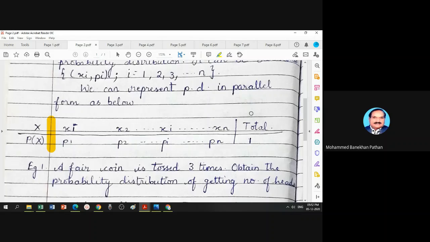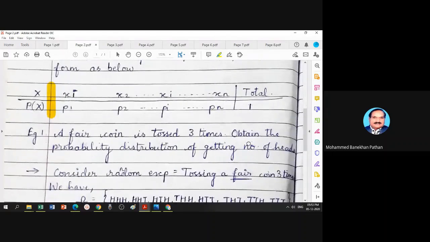So today I gave you totally 4 concepts under the heading of univariate probability distribution. All these 4 concepts I will explain with one numerical example, not today, in the next lecture. But what is the example? I will explain a little bit. A fair coin is tossed 3 times.